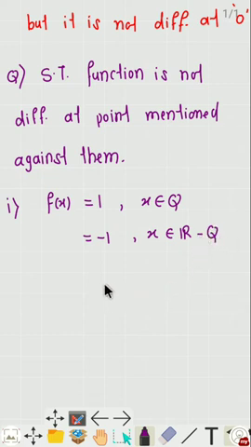We have to check the differentiability of that function on the entire set of real numbers.